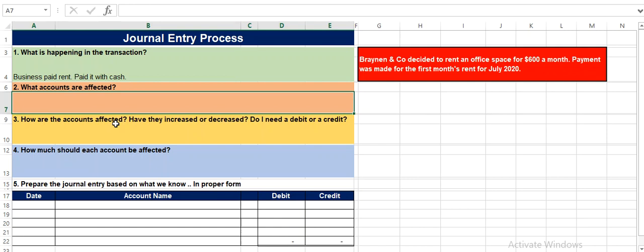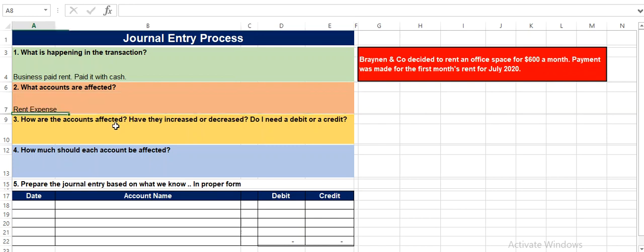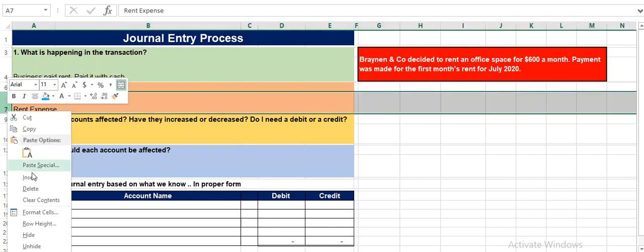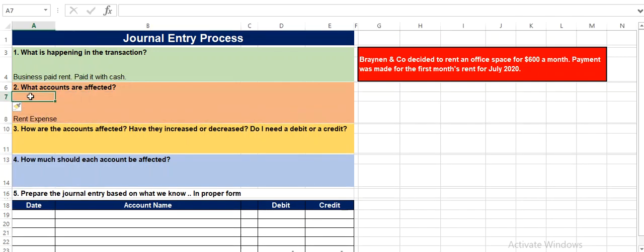Rent is an expense to any business because that's a cost of being in business. And so one of the accounts that is affected would be rent expense.